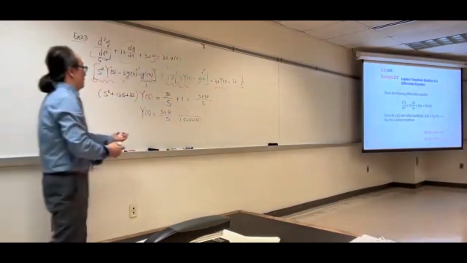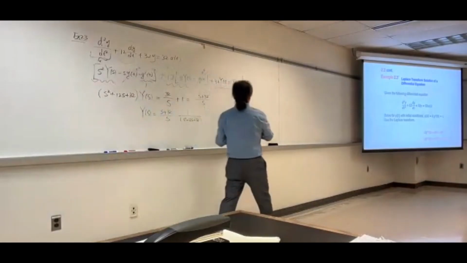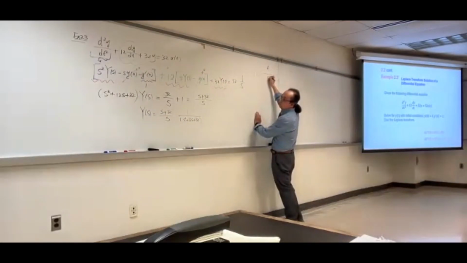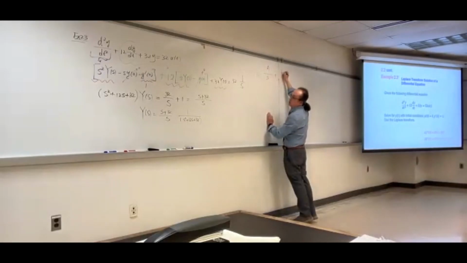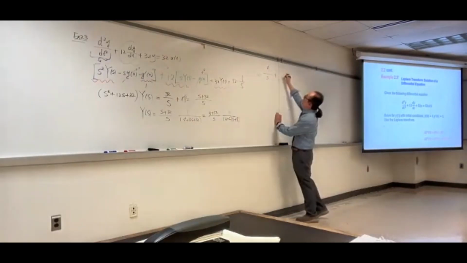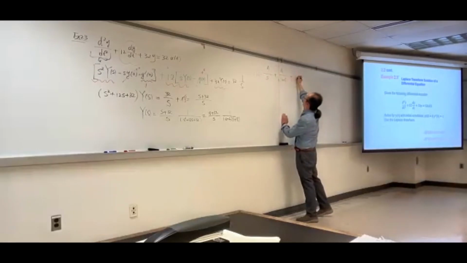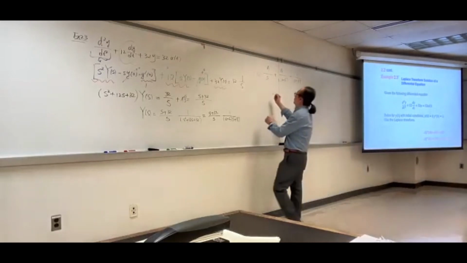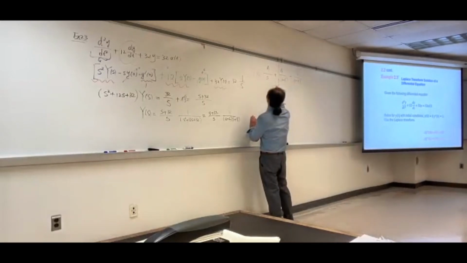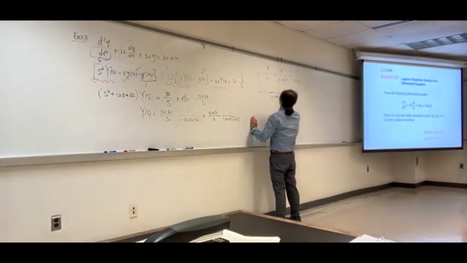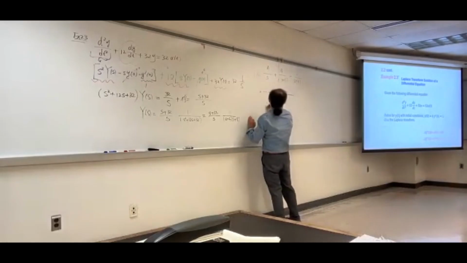Now we need to do the partial fraction to separate these two. Y(s) equals A over s plus, is this factorable? So we're going to do B over (s plus 4) plus C over (s plus 8). And then for the numerator, if you combine them all, we're going to have s(s plus 4)(s plus 8).